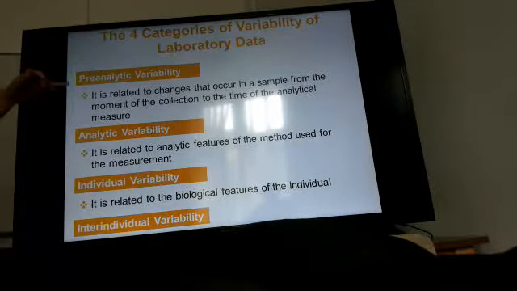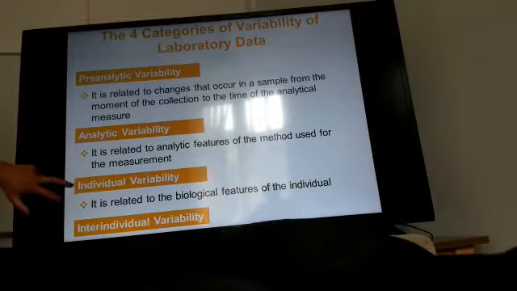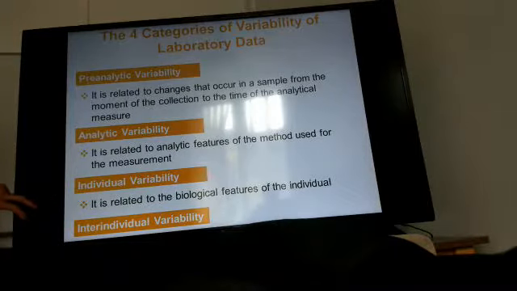So we have pre-analytic variability, analytic variability, intra-individual variability, and inter-individual variability. These two are technical, so related to the analysis. These two are biological, related to the individuals. And intra-individual variability: I take my blood at different hours during the day, or this week, next week, for several months, and I have different values measured in the same person.